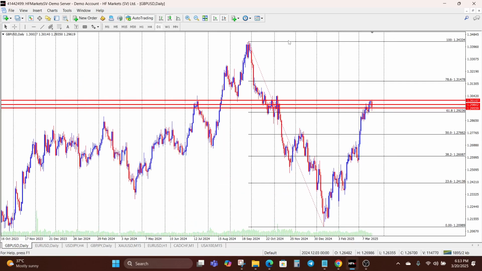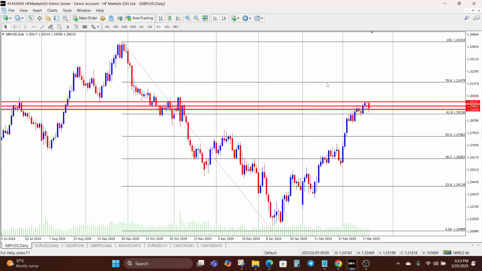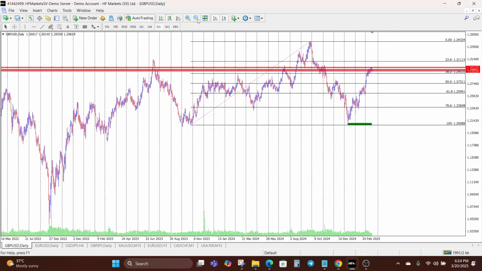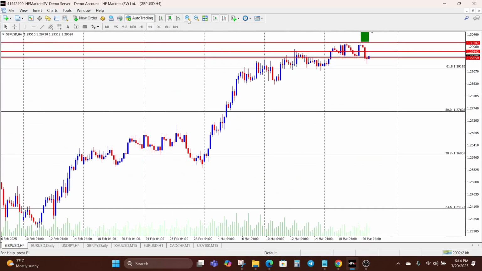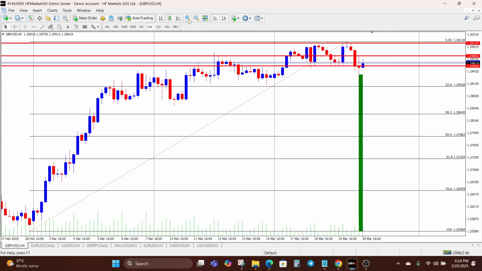When the indicator identifies these important levels for you, you just have to look out for confirmation patterns in the direction of the trend. Let's look at this example.